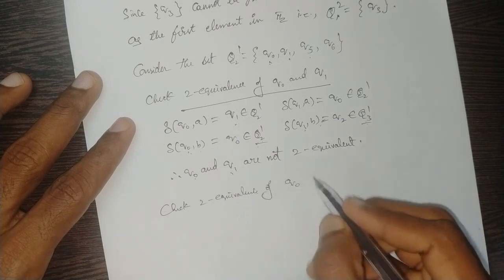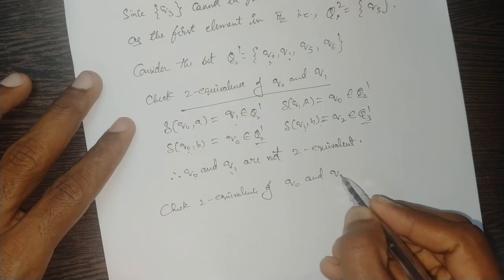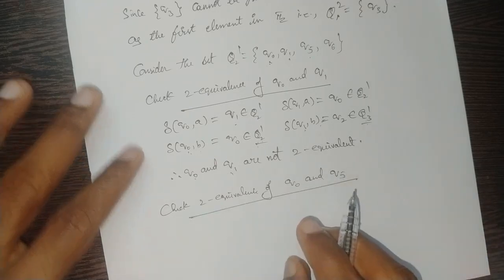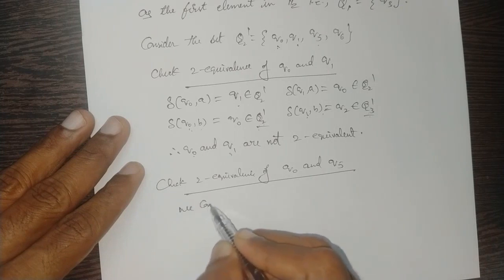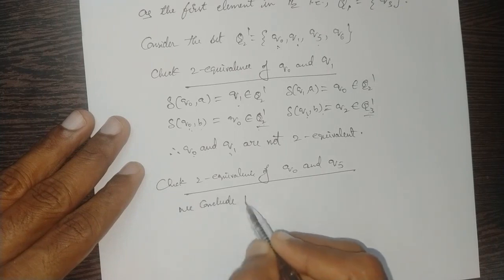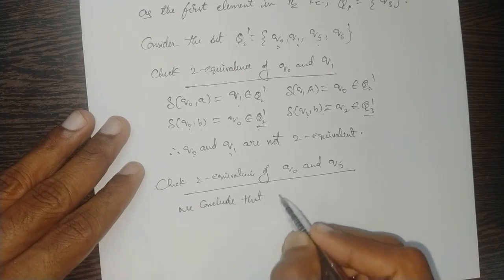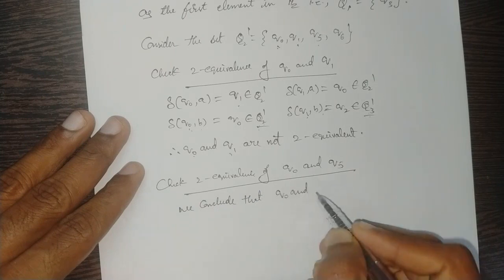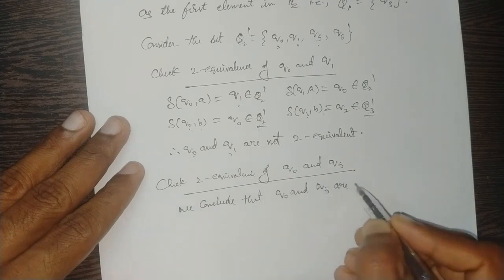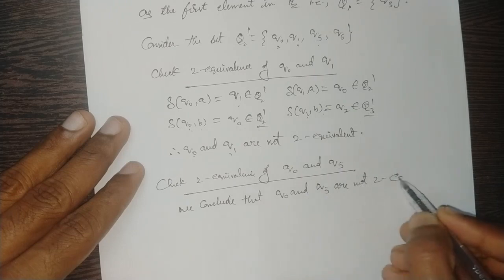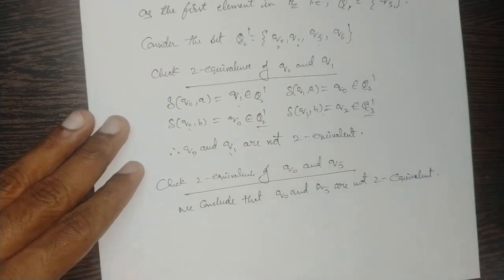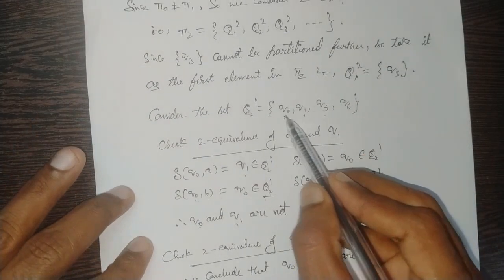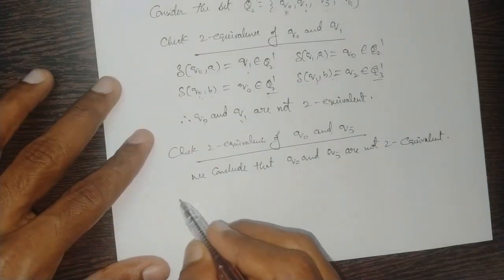By observing that relaxation table, we conclude that Q0 and Q5 are not equivalent. Check yourself for this, and similarly for Q0 and Q6.